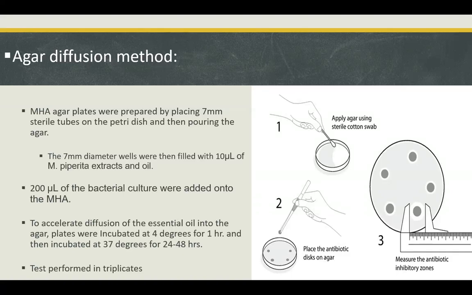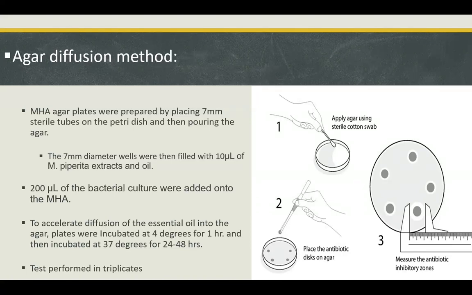After that, in order to accelerate diffusion of the essential oil into the agar, plates were incubated at 4 degrees Celsius for 1 hour and then incubated at 37 degrees Celsius.